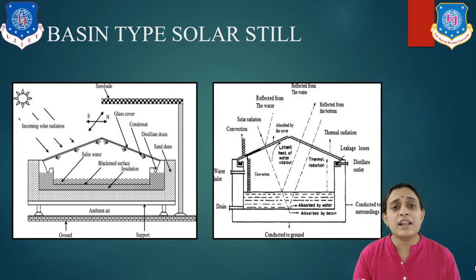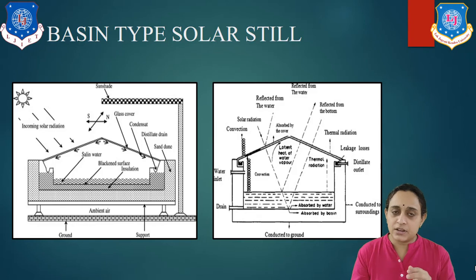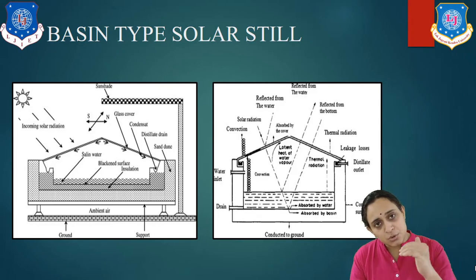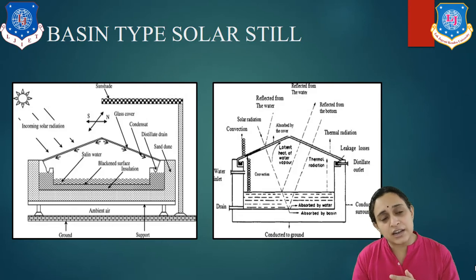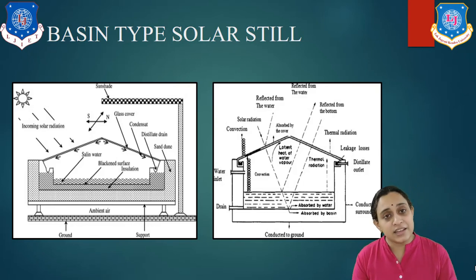Now what will happen? Because there is the black painted surface and a slanting glass plate cover, the solar radiation penetrates through the glass cover and touches the bottom surface of the solar still. Because there is salty water inside it, it gets heated.